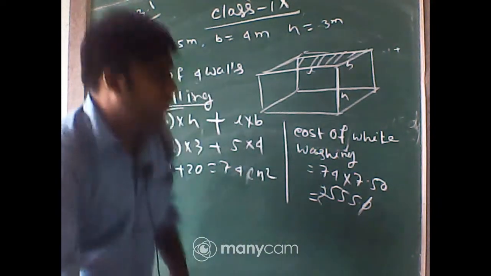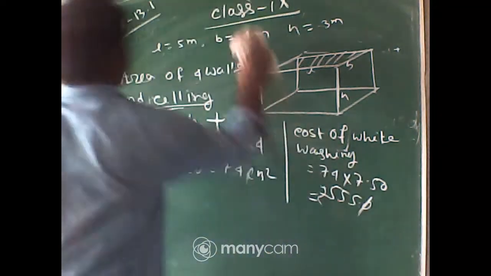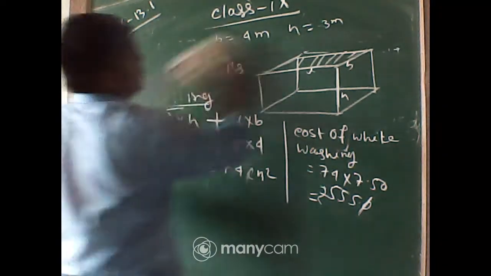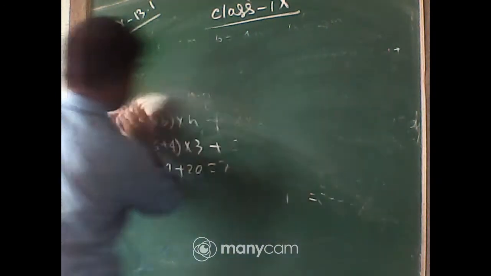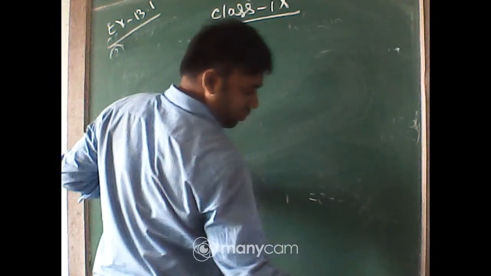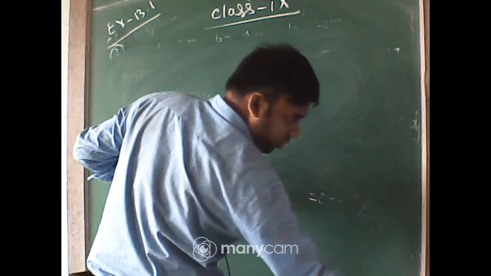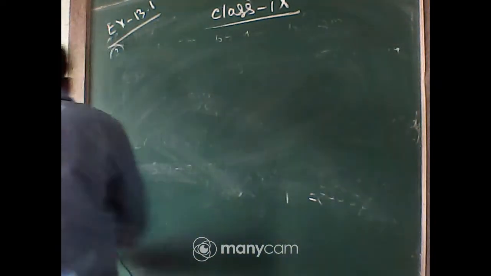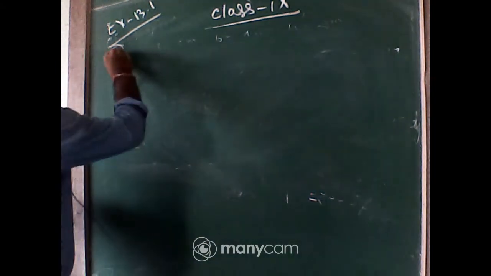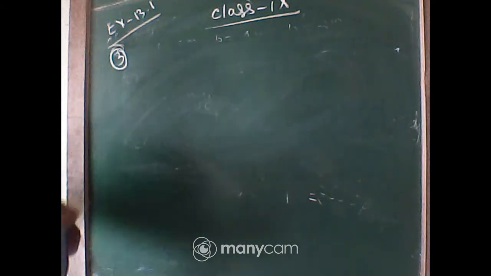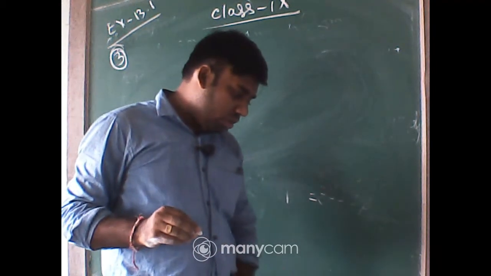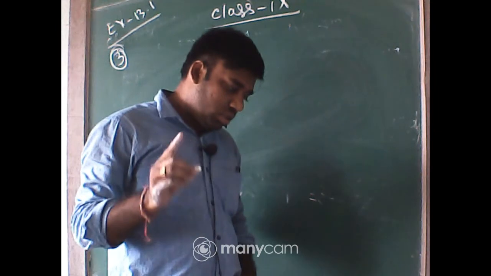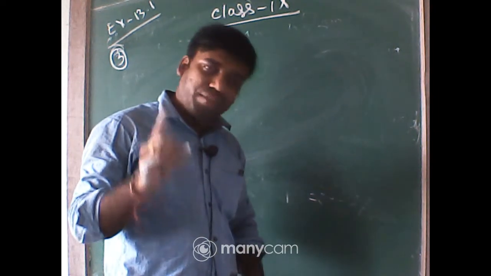So next sum, that is number 3. The floor of a rectangular hall has perimeter 250.